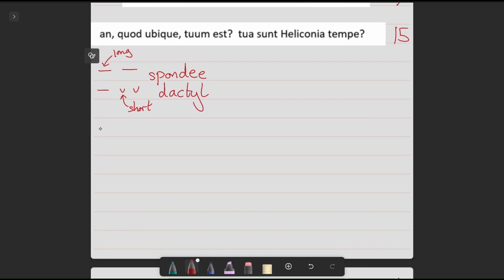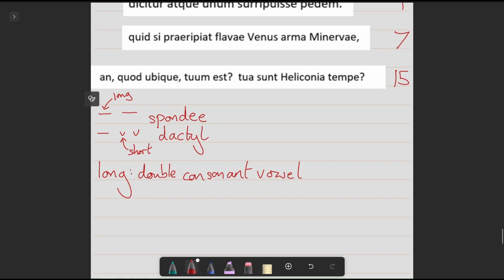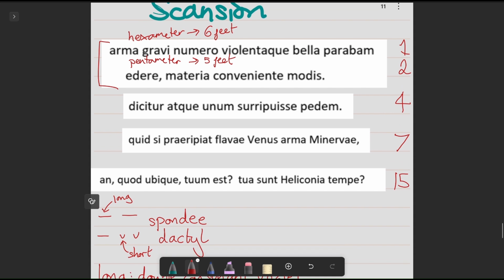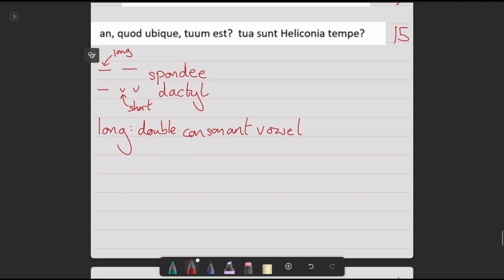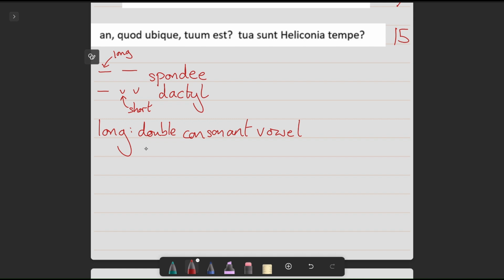For it to be long, you can have a double consonant after the vowel. Let's find an example. So arma: the R and M are 2 consonants after the vowel A. So that would be long. What else? You could have a diphthong.